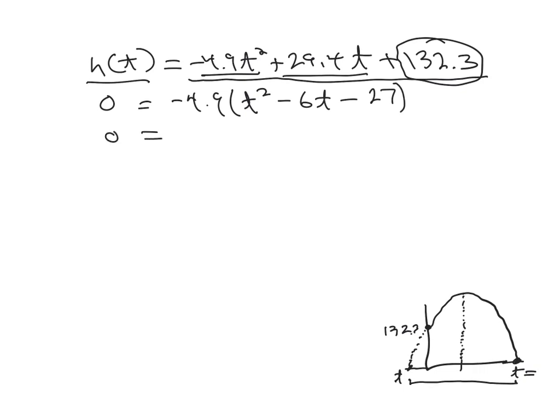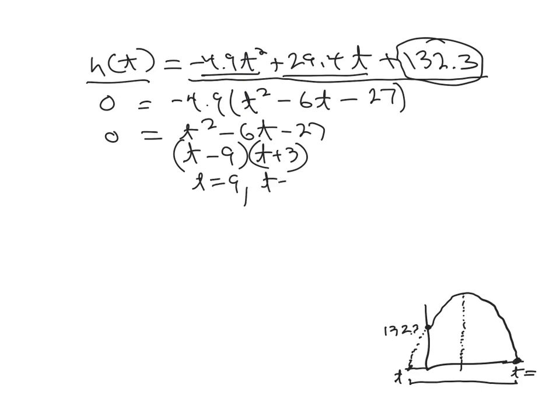Yes, we can. By the way, we can divide both sides by negative 4.9, so we get 0 is equal to t squared minus 6t minus 27, and that can be factored to t minus 9 times t plus 3. What that means is that the object is going to have a height of 0 at t is equal to 9, t is equal to negative 3.